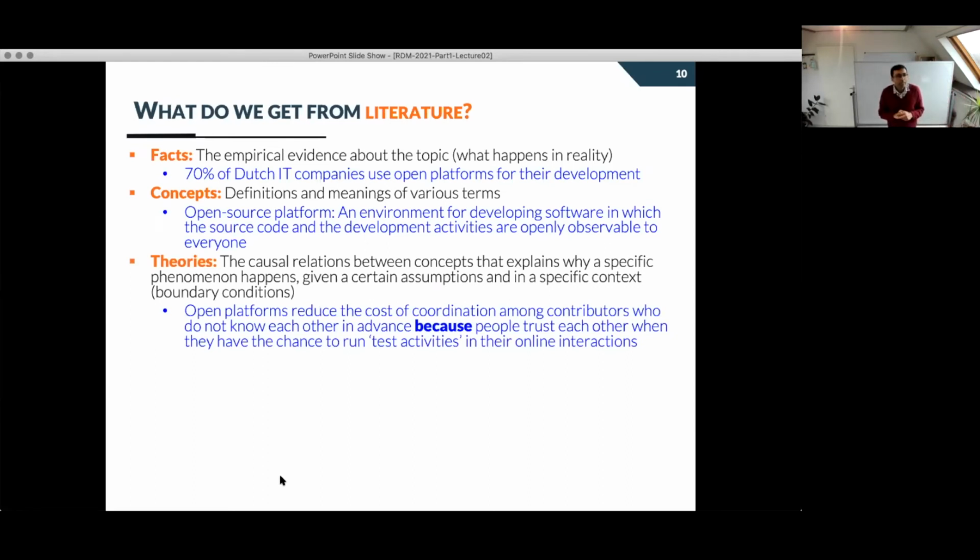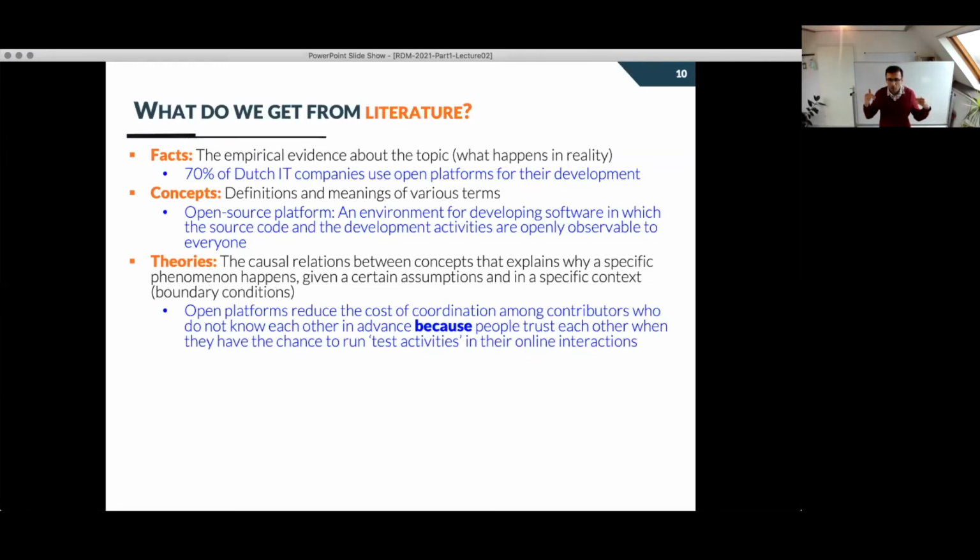You also need to collect theories. Everything that you read in the literature, which somehow explains why certain thing happens, what makes certain thing happens, why 70% of the startups worldwide adopt open platform.